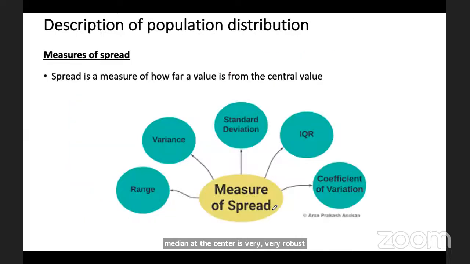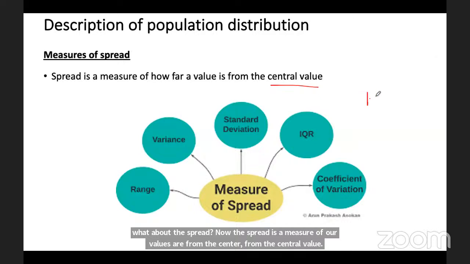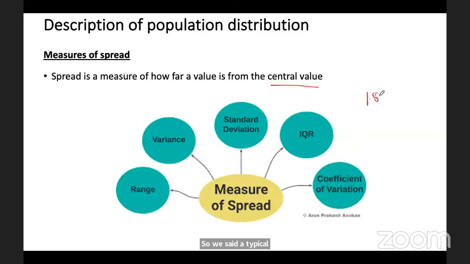Now, what about the spread? The spread is a measure of how far values are from the center, from the central value. So we said a typical male Nigerian should be of height 1.8 meters, let's say. But not all Nigerians will be 1.7 meters.